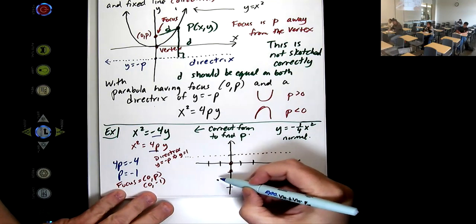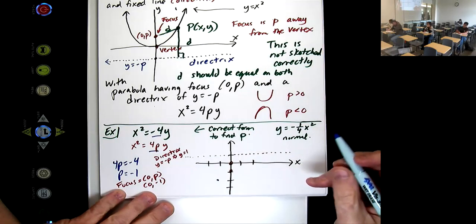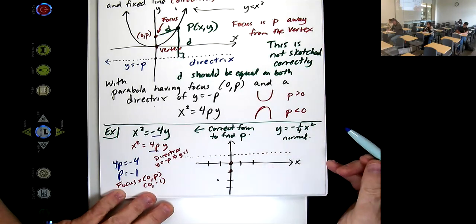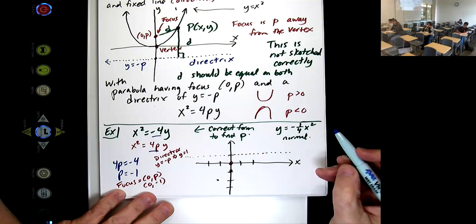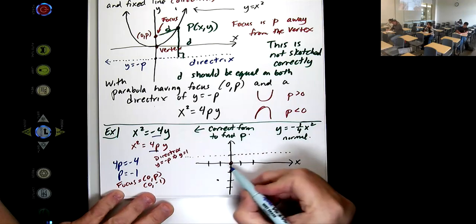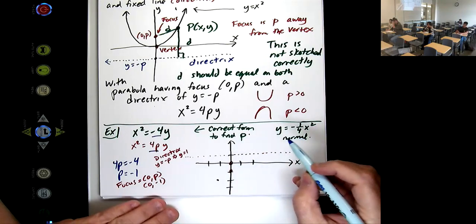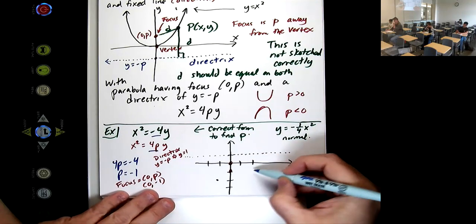And I know it opens downward. Let's see, when x equals 1, y equals -1/4. When x equals 2, y equals -1.